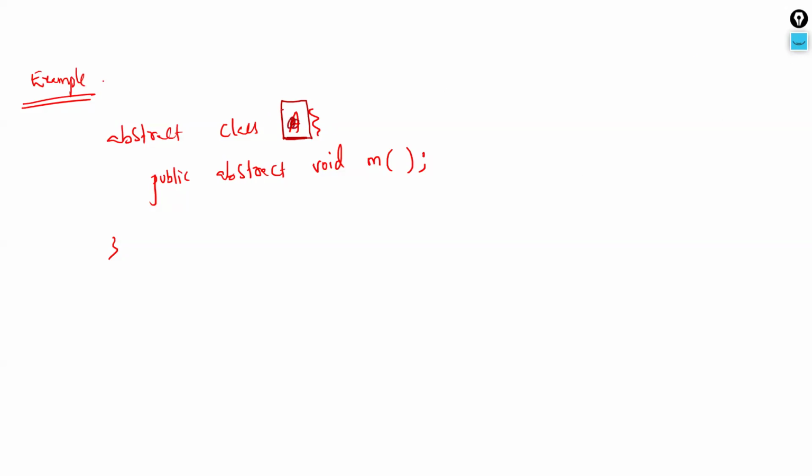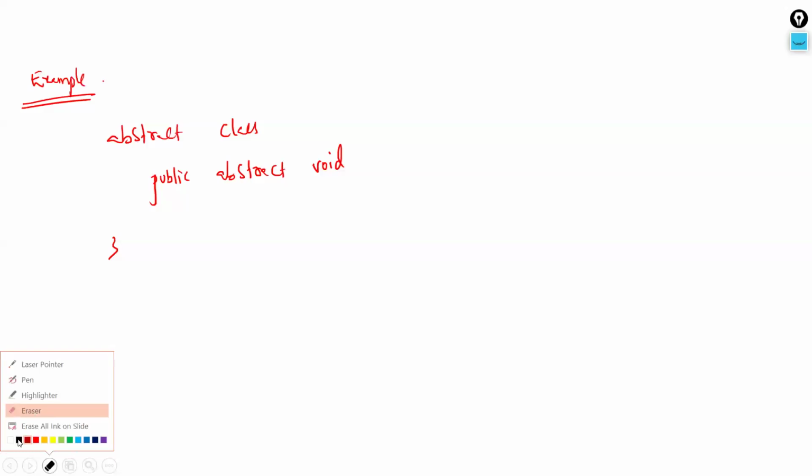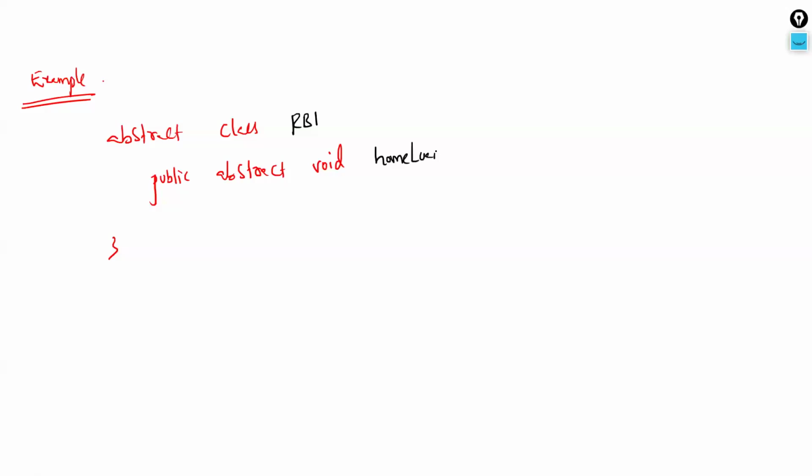Okay, let me take the class name as RBI. RBI has a home loan method with some rate of interest and all those things. Float rate of interest, R. Then an abstract method, because RBI will never give the loans directly. It regulates all the other banks in India, but it will not give loans directly.